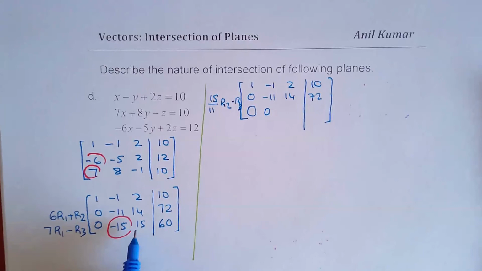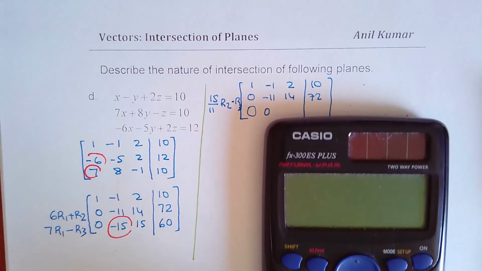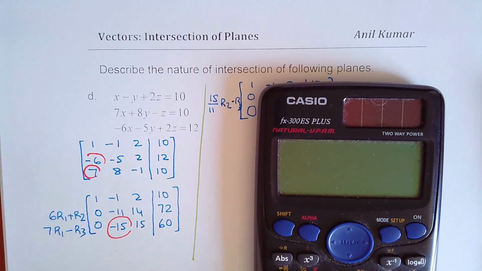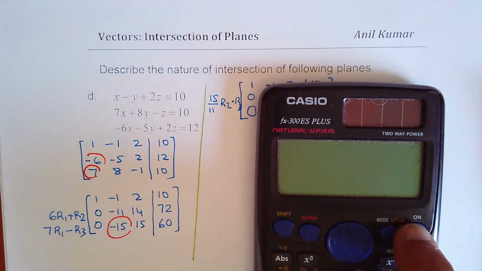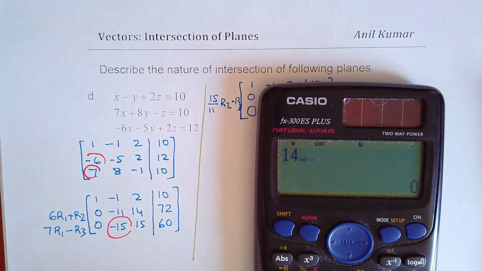Let's do the next one. So it is 15 take away. Let's use the calculator. So we'll do 14 times 15 divided by 11. And from here, we'll take away 15, so minus 15 equals 2. So let's write it in the form of fractions.